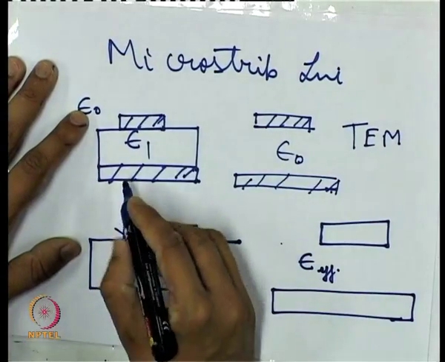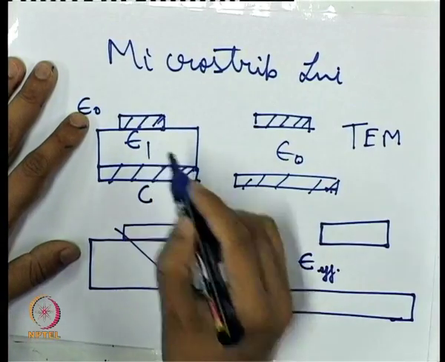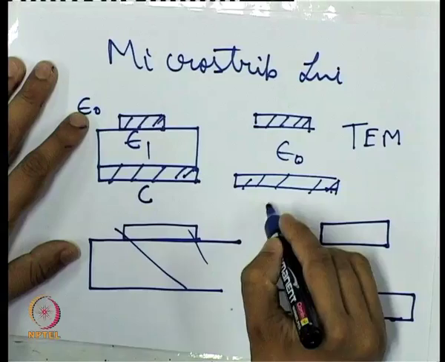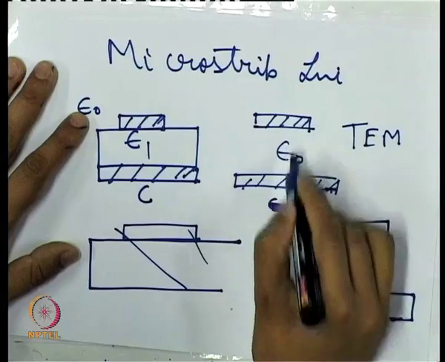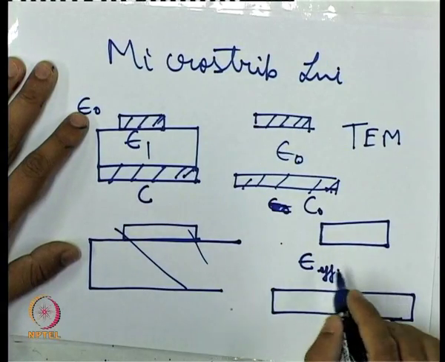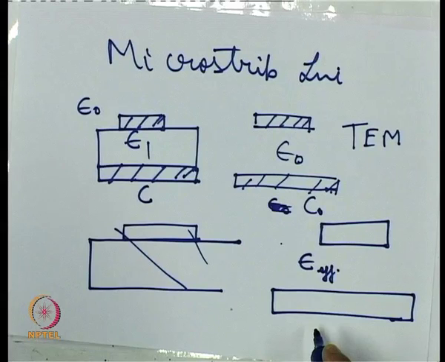Suppose C is the capacitance between these two plates with just the dielectric present, C0 is the capacitance with air present, and C dash is the capacitance with this effective dielectric material present.